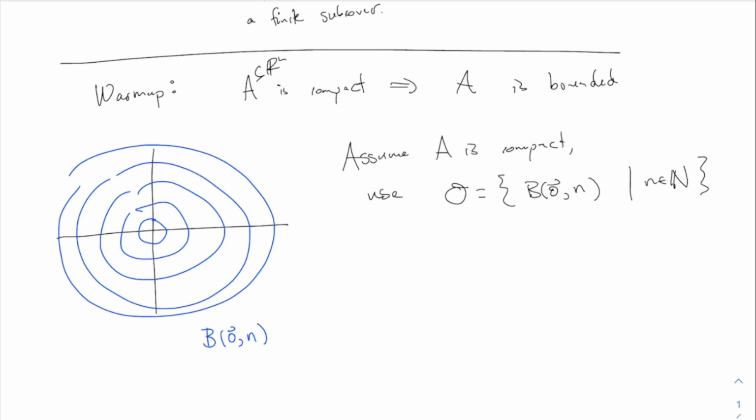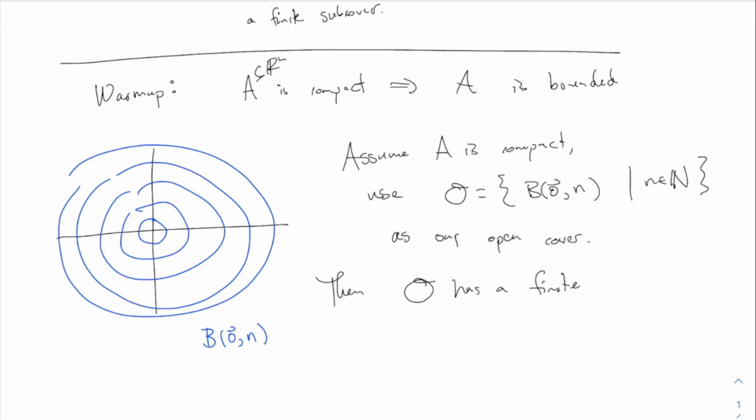So assume this is compact. Use this as our open cover. Then O has a finite subcover, but just because of the way that O looks, if I say you only need finitely many of them, actually that means you only need one of them, like one really big one.